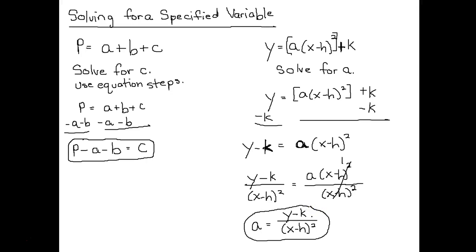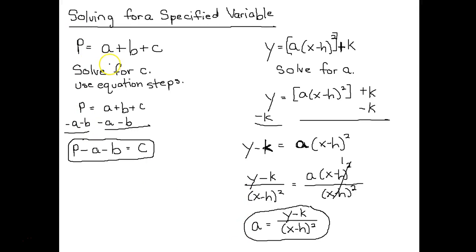So sometimes as you're working these problems, it might be helpful to solve a formula for a different variable and then use that. Or some of you have mentioned in the introductions that you're going to go into computer science. Computer programming, often when you're writing a program and you need to use a formula, you need to be able to do this so that you can put the formula in a specific way.